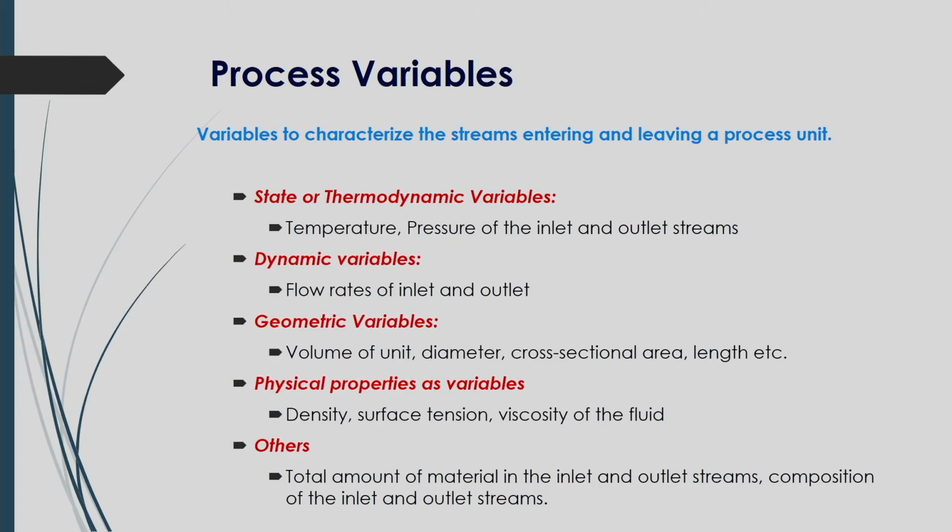Now, as we know, different process variables include temperature, pressure, flow rates, even the volume of the unit, the diameter of the unit or equipment, and different physical properties like density, surface tension, and viscosity. Other variables are expressed by the composition of the materials in a particular mixture, in particular streamlines.